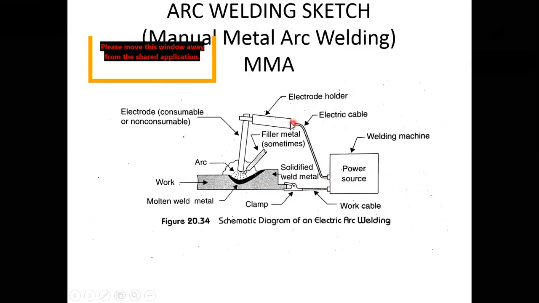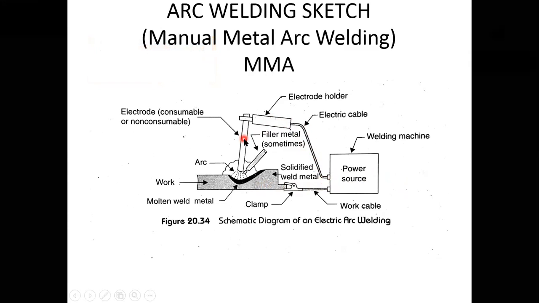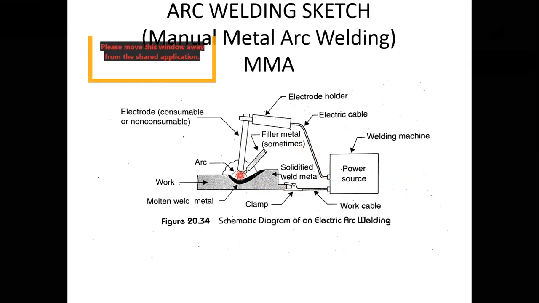The electrode holder is made part of the electric circuit or power supply circuit. This is the electrode. This is consumable. If you are using it, its length becomes shorter. The remaining material is melted here and forms a weld metal pool. The workpiece is also made part of the electrical circuit.